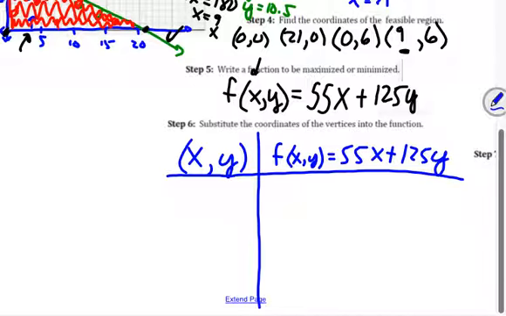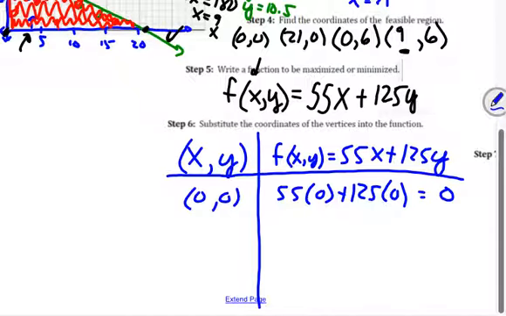What were they? 0, 0. Well, that's a pretty easy one. 55 times 0 plus 125 times 0 equals 0. That would be like a Sunday when it's not open.